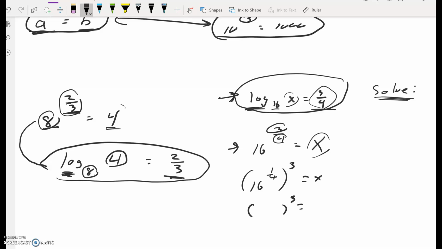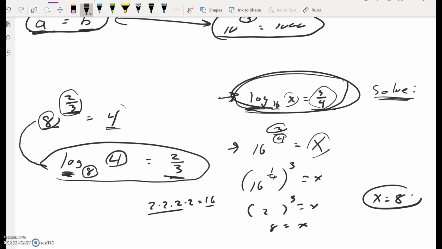And the reason I like this is because the 1/4 power of 16, the 4th root of 16 is 2. Because 4 2's multiplied together gives 16. So the 1/4 power tears the 16 down to 2. And then 2 to the 3rd power builds it up a little bit. So x equals 8 is the solution to this logarithmic equation.